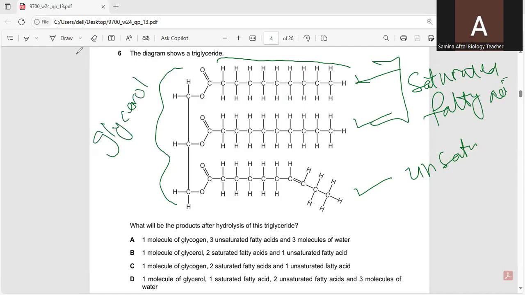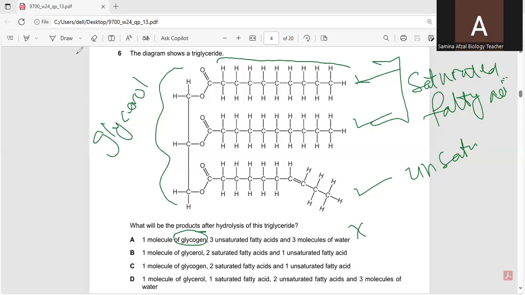So according to this, we have to choose the correct option. What will be the product after hydrolysis of this triglyceride? One molecule of glycogen, the totally wrong option.